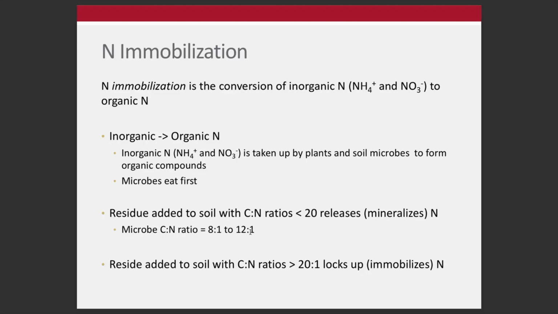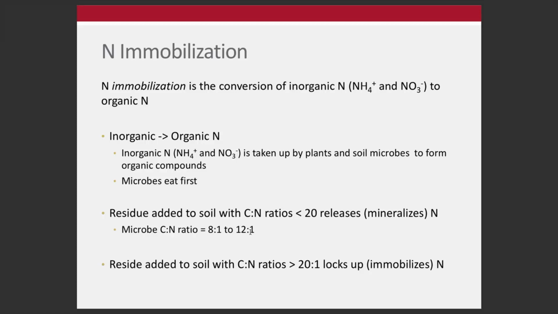But this idea of 20 carbons to 1 nitrogen is this quote-unquote magical cutoff number. It's not really that magical in the real world, but it's a good rule of thumb that if it's less than 20 to 1, it's going to mineralize and release nitrogen, and if it's greater than 20 to 1, it's going to lock up and immobilize nitrogen.